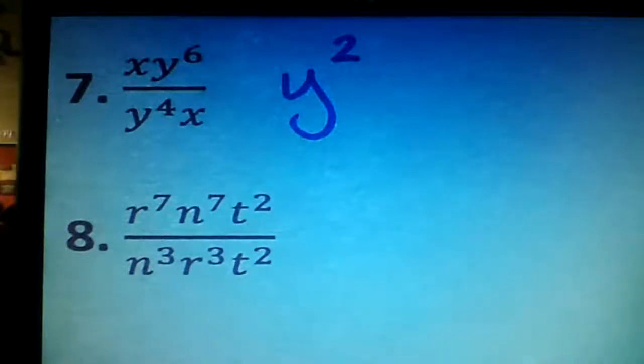It reduces to x to the 0, which is 1. And 1 times y to the 2nd is y to the 2nd. There's no x's left.